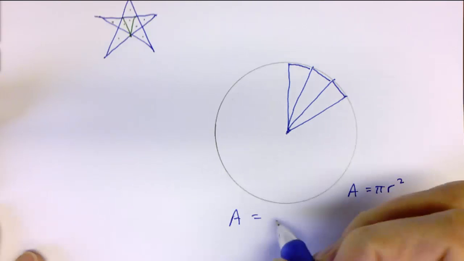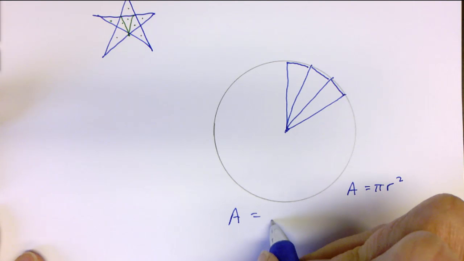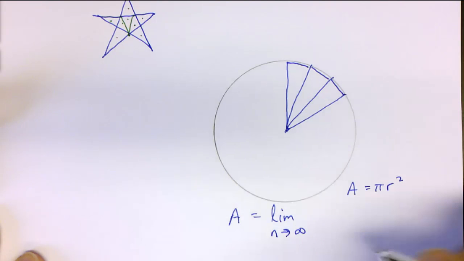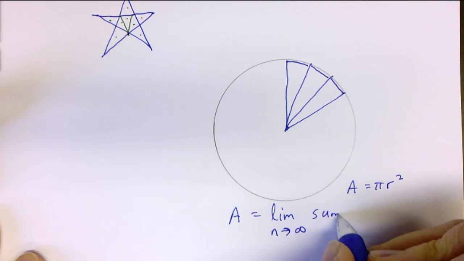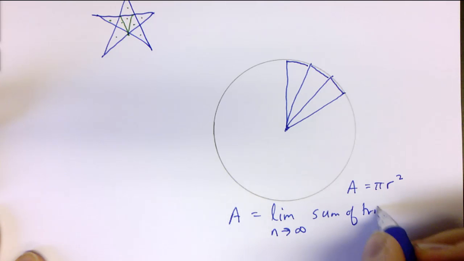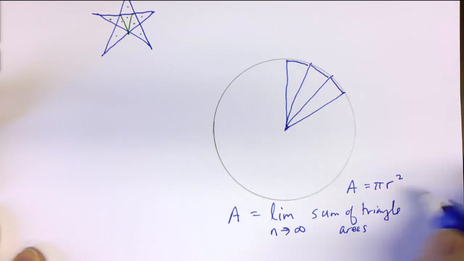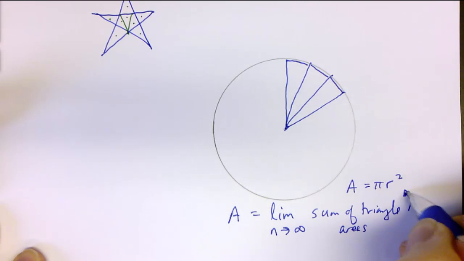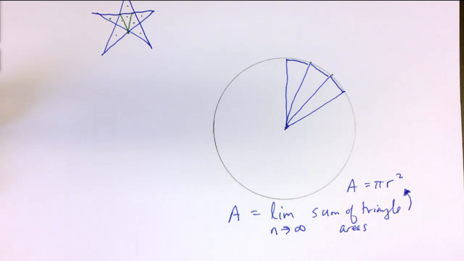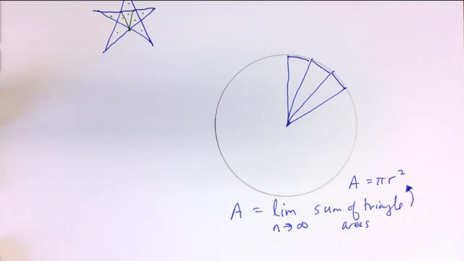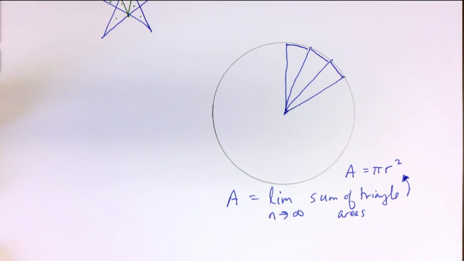We could actually do this, we're not going to do it right now. And that's what leads to this formula, pi r squared. And that problem is well within the limits of what we can do with the calculus we already know.